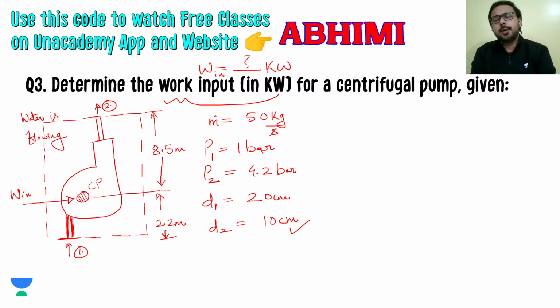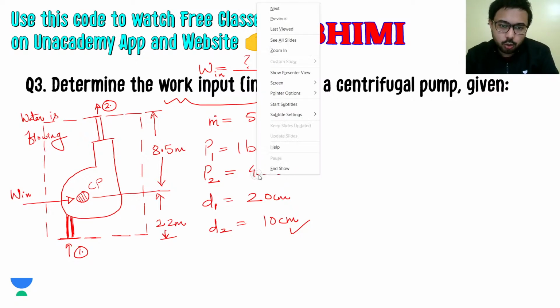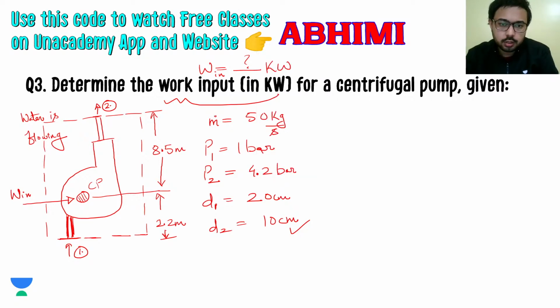P1 is your pressure at point 1, that is the inlet. Pressure at outlet is 4.2 bar, and diameter 1 and diameter 2, that is inlet and outlet, are also given in the question for you to use and get the answer. I hope you can do this question. Only the steady flow energy equation can be used here.